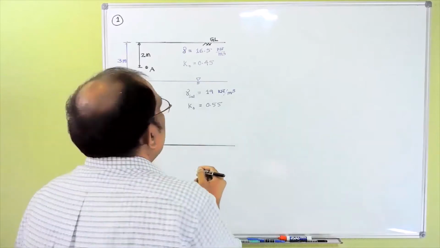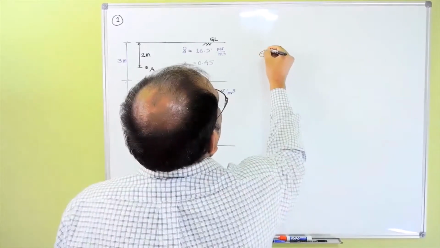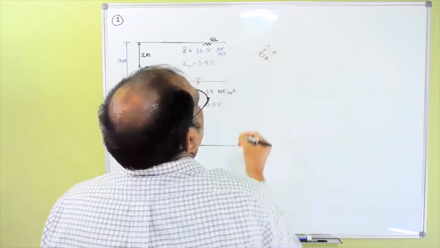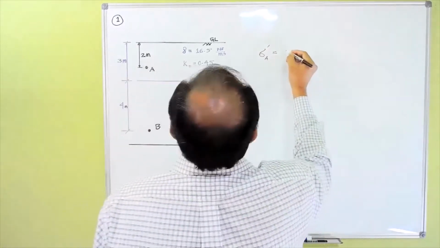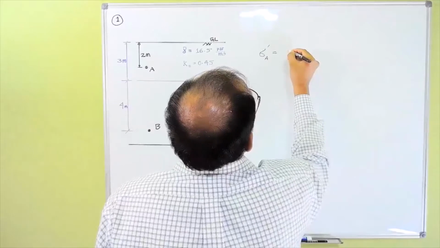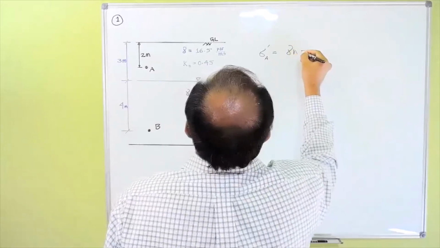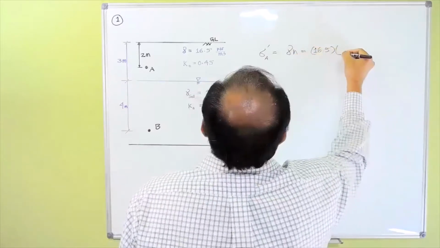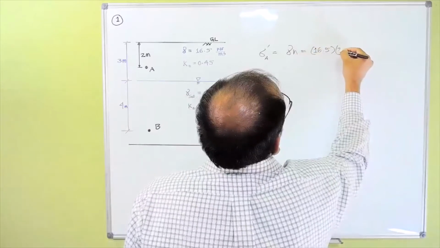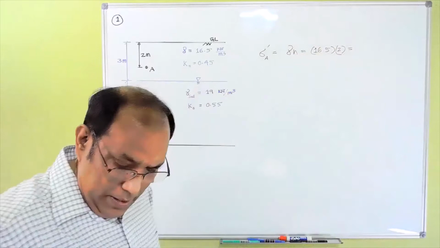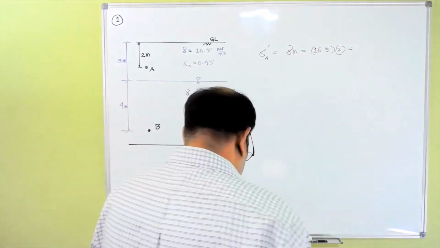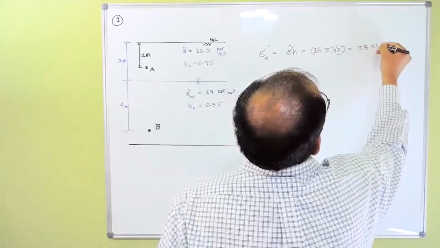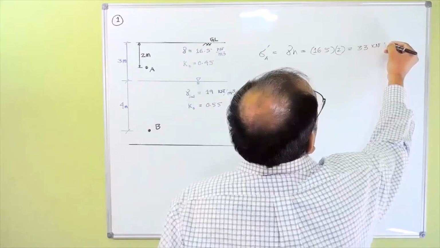To do this problem, just try to find sigma A prime, the effective stress at point A, which is gamma times H, 16.5 multiplied by 3, not 2, which is basically 33 kilonewton per meter square.